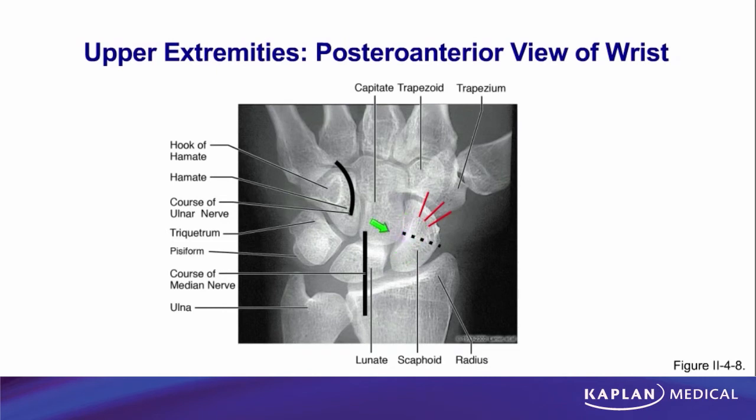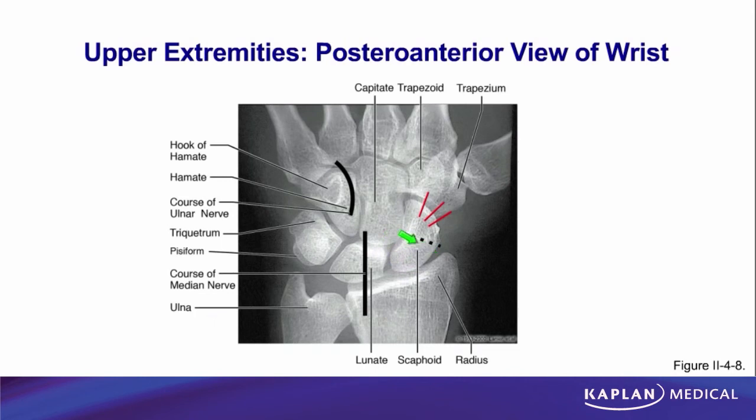So if you fracture across here, you're separating the proximal head of the scaphoid from its blood supply, which puts the proximal head at risk of avascular necrosis. And so that's a really important clinical sequela you need to be aware of. Proximal head of the scaphoid is subject to avascular necrosis when there is a scaphoid fracture.